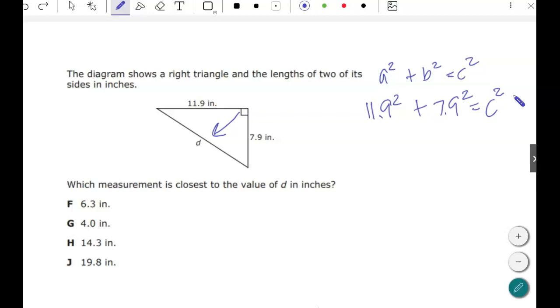It's 141.61. And then let's do 7.9 squared. Oops, I pressed the wrong button there. All right, 62.41. You're going to add those two together.